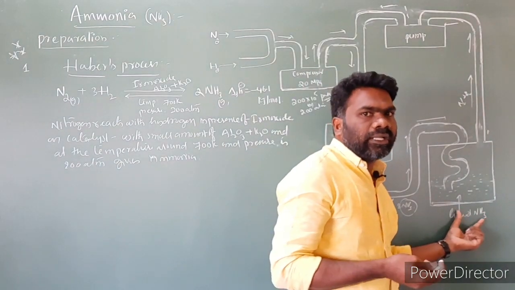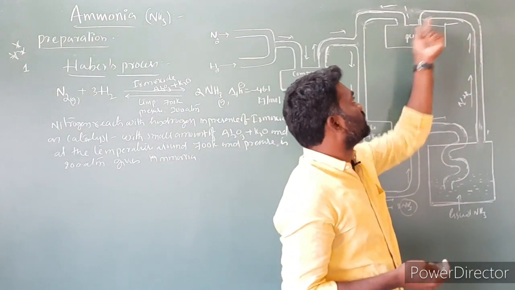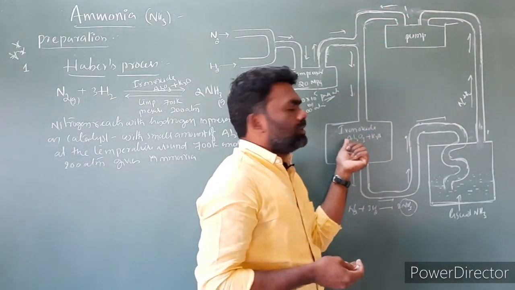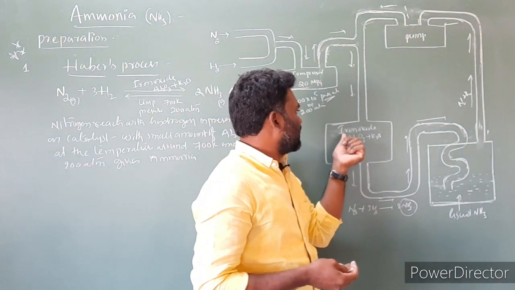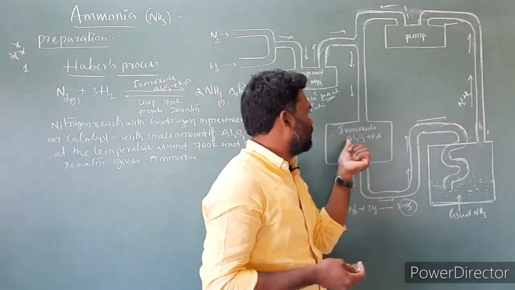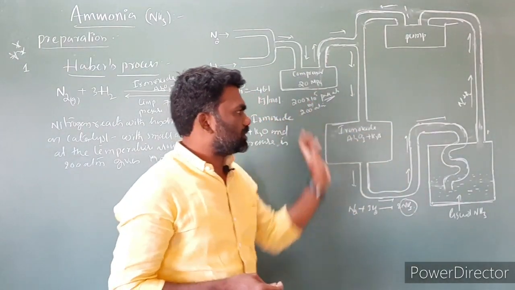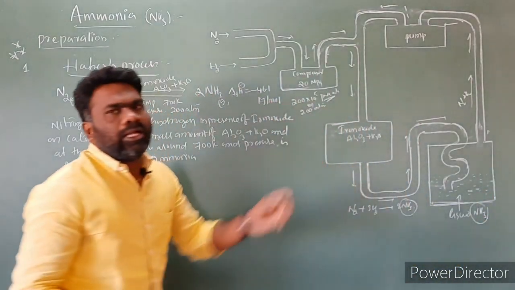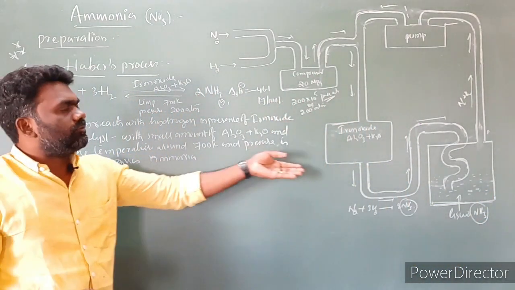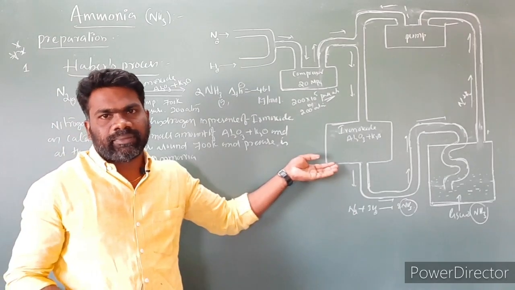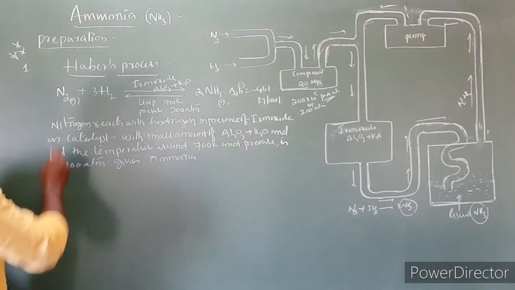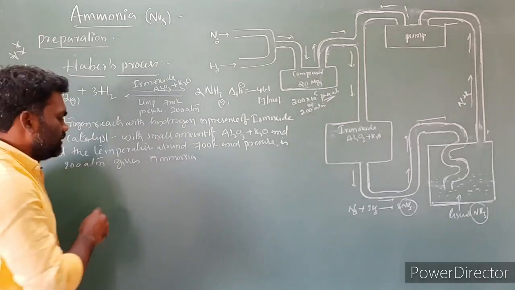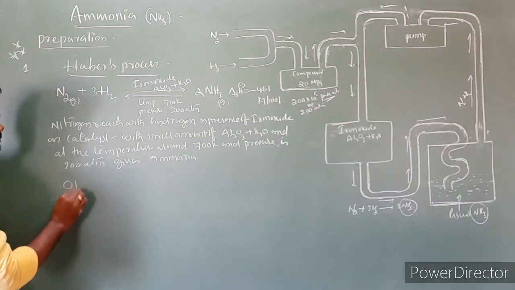Any unreacted N2 and H2 is passed into the pump, which pumps this mixture again into the chamber containing iron oxide and a small amount of Al2O3 and K2O. So this process continues, and finally we get ammonia. So this is the flowchart for manufacturing of ammonia by Haber's process. So this is the equation. Next, optimum conditions for the formation of ammonia.